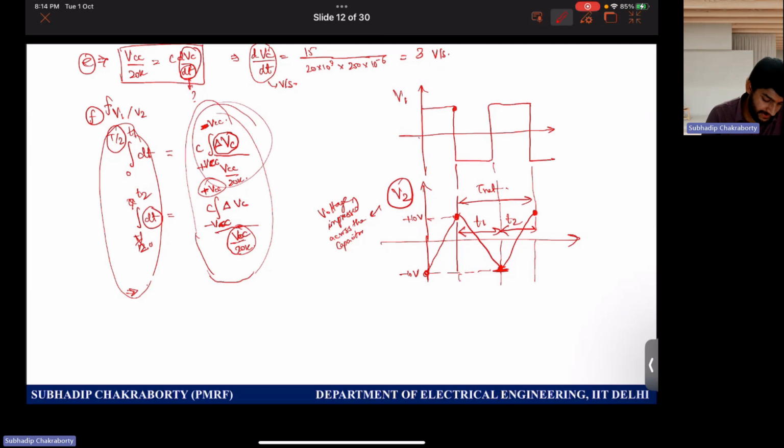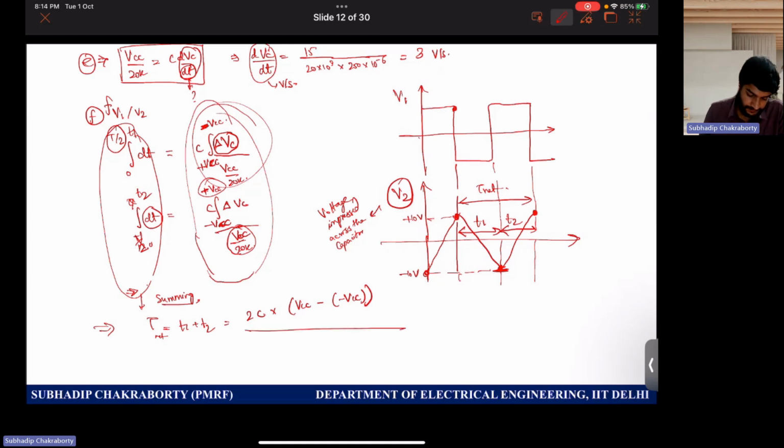So I can write it as summing T net, I can write equal to T1 plus T2, or we can write what? 2 times C times VCC minus of minus VCC, because time cannot be negative, right?